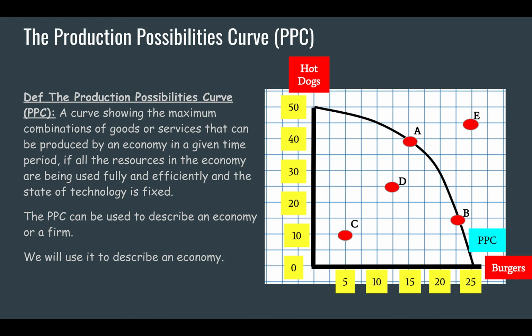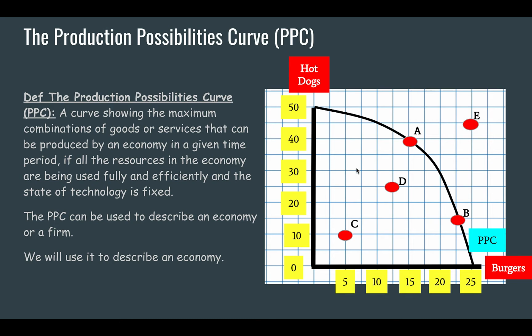There's a lot in that. What I just want you to see from this is that this line here represents the maximum production, and I'll talk about all of these things in a second. It is the maximum production that our economy is capable of right now, seeing that technology is fixed, and on the two assumptions that all of our factors of production, resources, land, labour, capital, enterprise, are being used fully and efficiently.